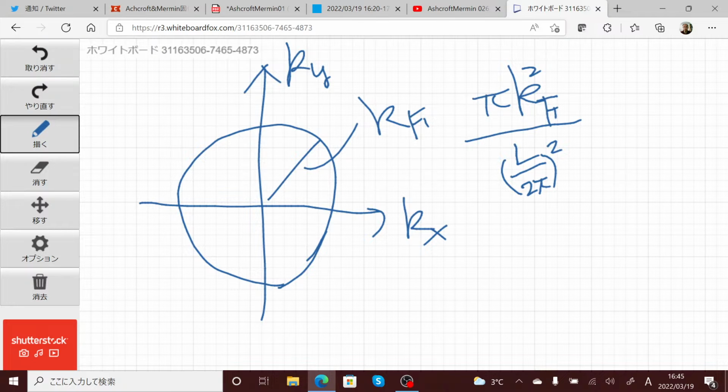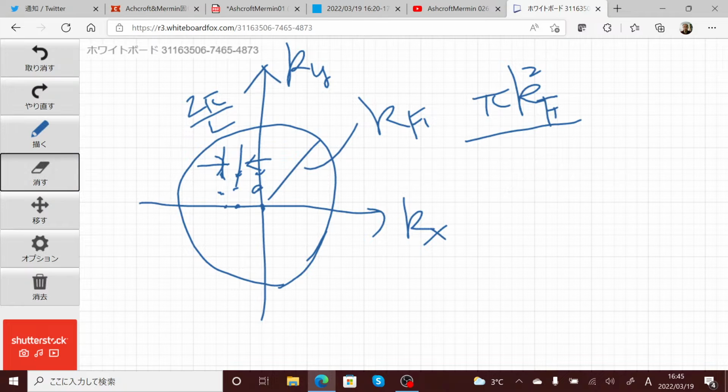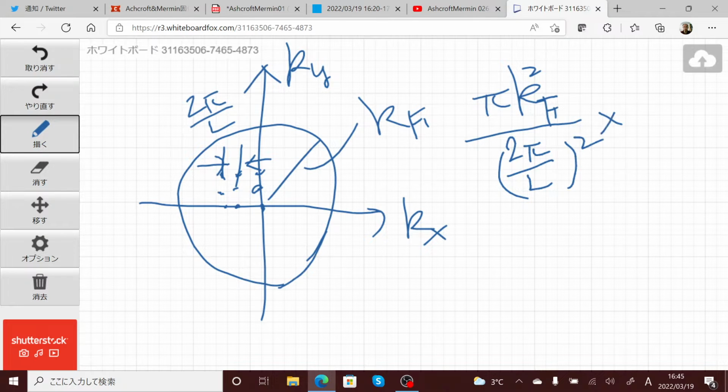So you have many allowed levels of electrons, and the spacing is 2 pi over L. So I was wrong, this is 2 pi over L. The area pi Kf squared divided by (2 pi over L) squared, times 2 for spin, gives N. This is large N.